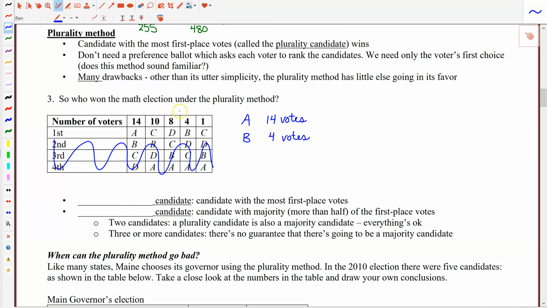Candidate C got 10 votes here, but 1 first place vote here. So they ultimately got 11 first place votes. And candidate D got 8 votes. So out of this, then we can figure out who is going to be the winner. That's going to be Alicia.